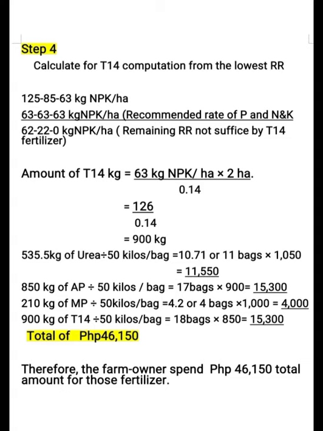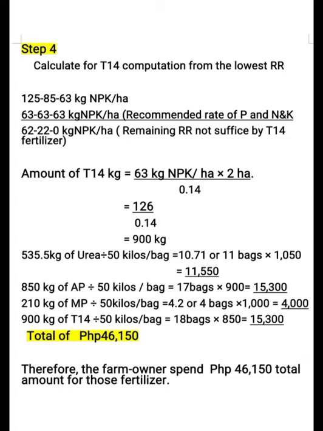Multiply by 1,050, which gives me an answer of 11,550. 850 kg of ammonium phosphate divided by 50 kilos per bag is equal to 17 bags times 900 is equal to 15,300. 210 kg of muriate of potash divided by 50 kilos per bag is equal to 4.2 or 4 bags times 1,000 is equal to 4,000. 900 kg of triple 14 divided by 50 kilos per bag is equal to 18 bags times 850 is equal to 15,300.